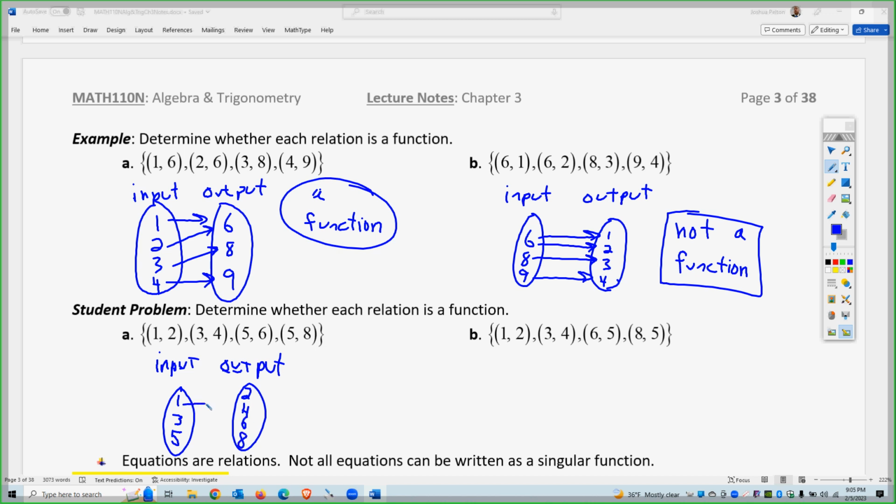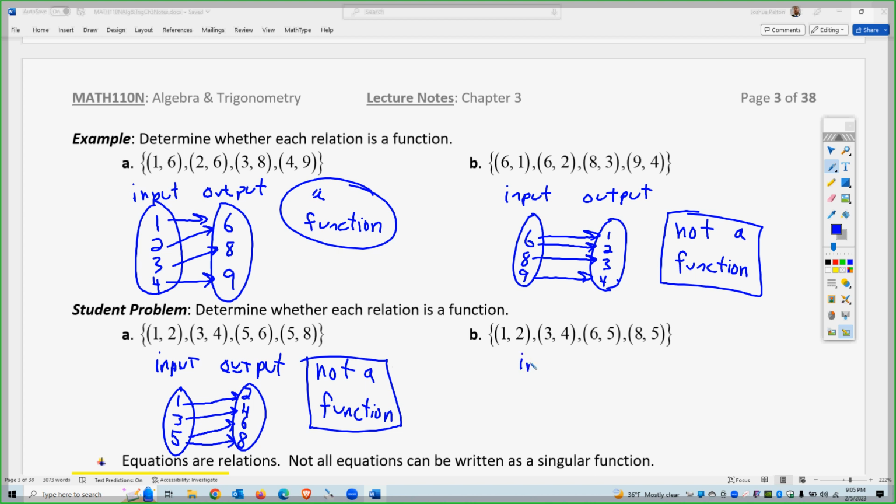So 1 maps to 2, 3 maps to 4, 5 maps to 6, and 5 maps to 8. So 5 goes to two different values. So that is not a function, because we have an input that has multiple outputs. That can't happen. So it's just a relation.